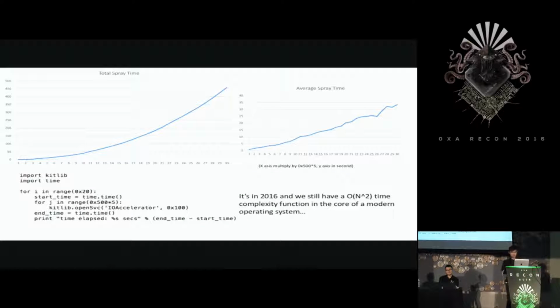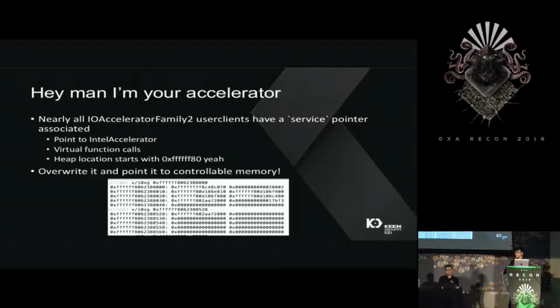And so now let's go back to our exploitation. We know that we cannot overwrite the vtable pointers, but hey man, I'm your accelerator, and we have a pointer field in the user clients that we can overwrite, because we can see that in nearly all our AcceleratorFamily2 user clients, they have a service pointer associated, and it points to the Intel accelerator.